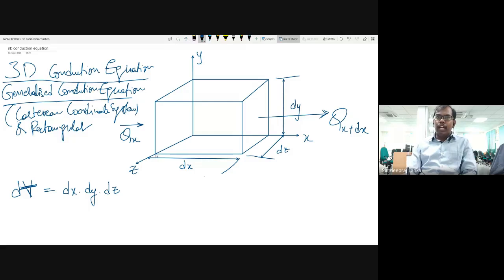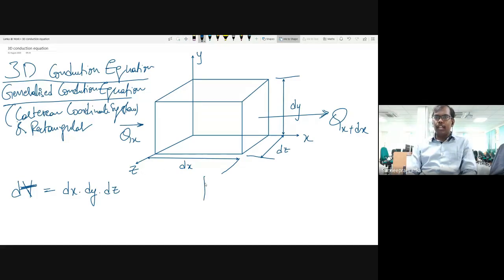And in y direction, the heat transfer will be entering at the xz plane.